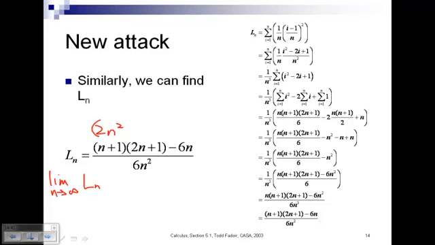FOIL method. And a bunch of other things. That won't matter. I'm going to end up with a 2n squared on top and a bunch of stuff that doesn't matter, divided by 6n squared on the bottom. What happens when I go to infinity there? Oh, I go to 1/3.